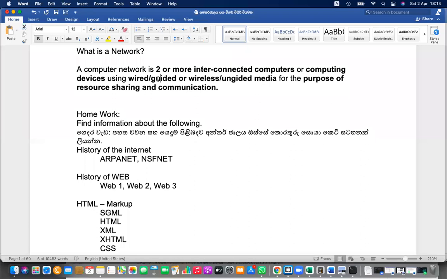So what is network? Two or more interconnected computers or computing devices using wired or wireless media for the purpose of resource sharing and communication. So what is resource sharing? Very simple. Let's say you have a friend, and you need to talk with the friend.